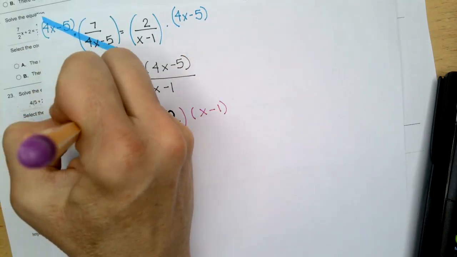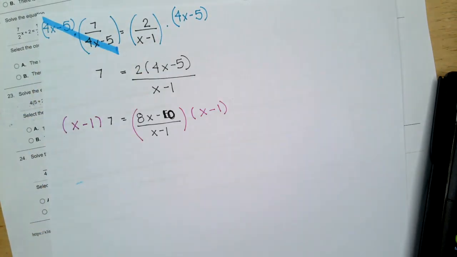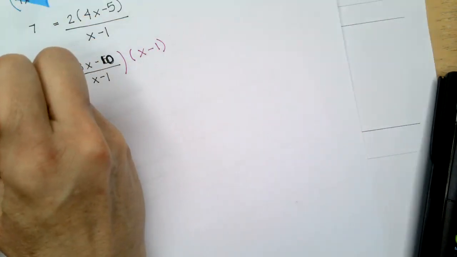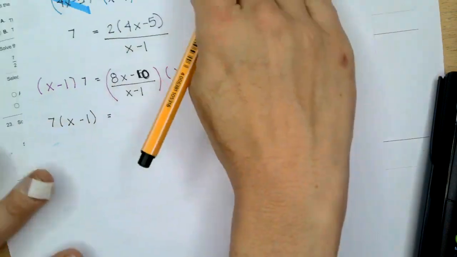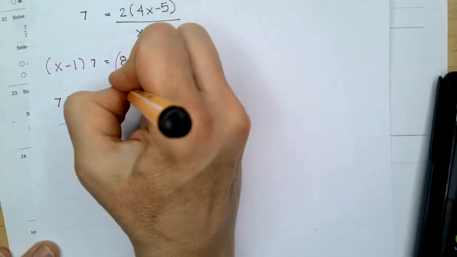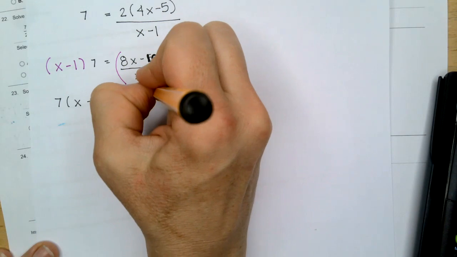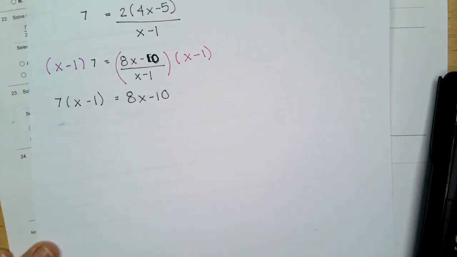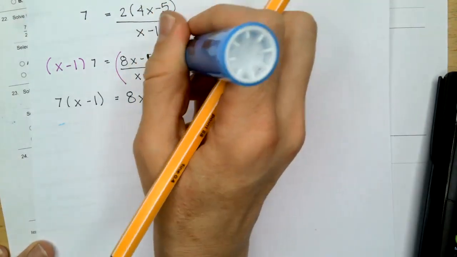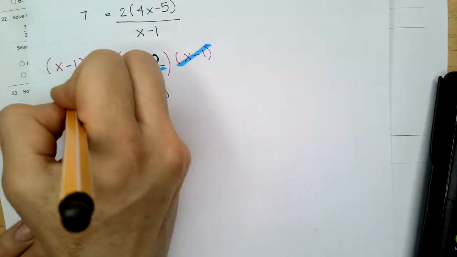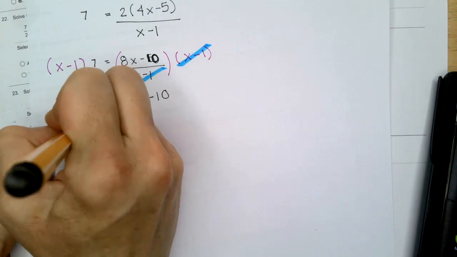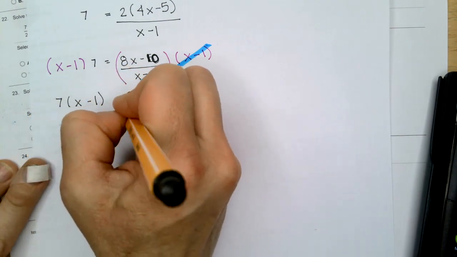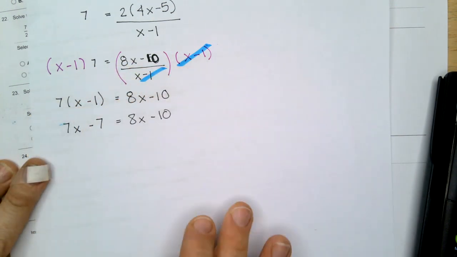So it's now 7 times x minus 1 is equal to either 2 times 4x minus 5 or 8x minus 10, because now that canceled that. Now I'm going to distribute the 7 to the x minus 1. 7x minus 7 equals 8x minus 10.